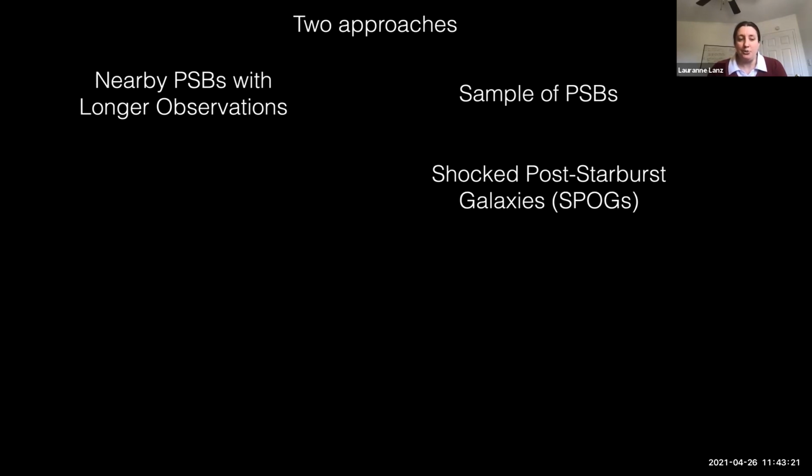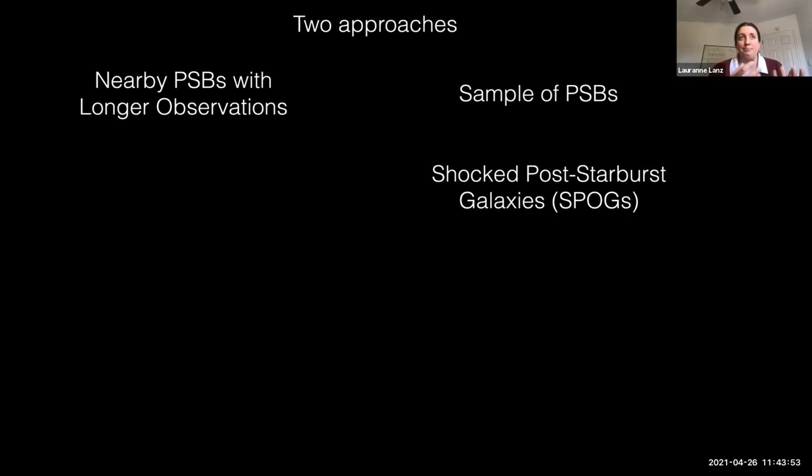Essentially what we do is use BPT diagrams to select galaxies that have line ratios that are consistent with shock or AGN emission, and could plausibly fall into the star formation regime in no more than 2 of those diagrams, so that they're not completely consistent with having line ratios consistent with star formation. So they're more likely to have recent but not ongoing star formation.